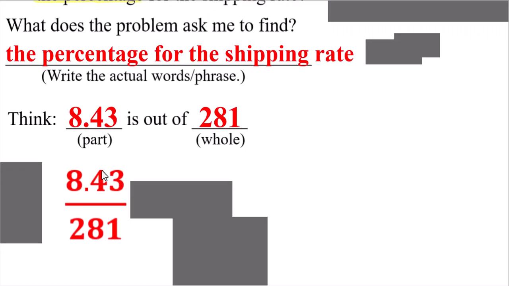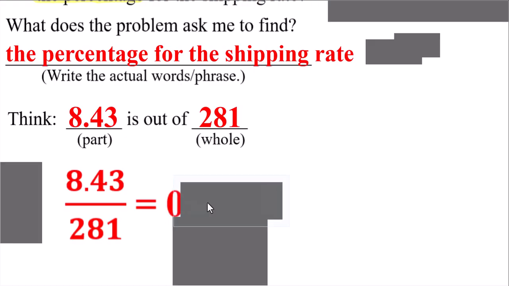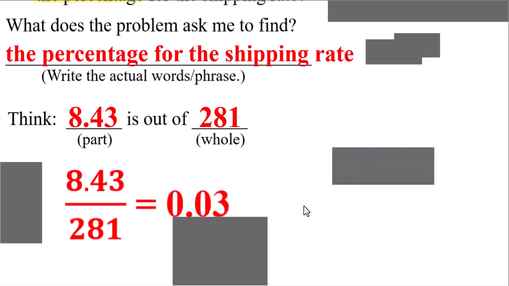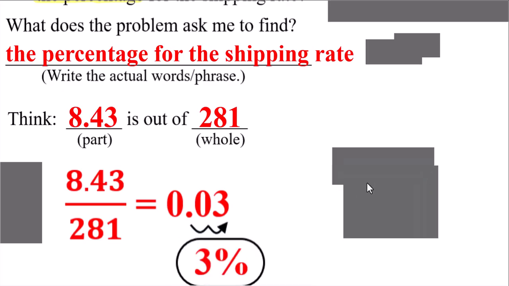So calculator time, 8.43, hit the division key, not the fraction key, and then 281. What does that equal? Yes, you should get 0 point something. This is normal when you're solving for a percent, unless the part would somehow be bigger than the whole, which is definitely not the case here. So that should give you 0.03. Move the decimal point 2 places to the right, and you will get the percent.